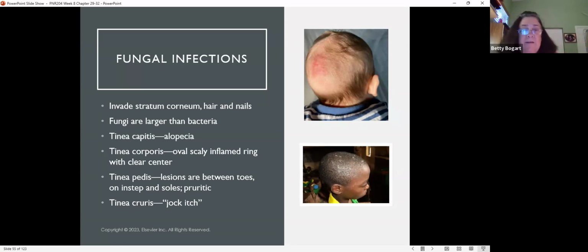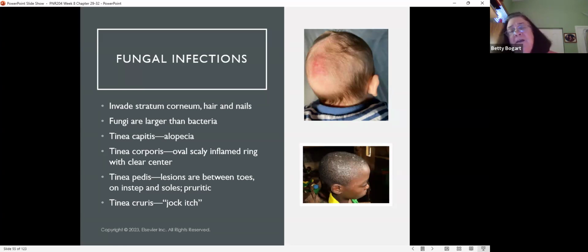Tinea corporis, again, this is an oval, scary looking ring of things. Again, looks like that roundworm thing. Tinea pedis. Well, isn't that foot fungus? That's your feet. So again, treating that.